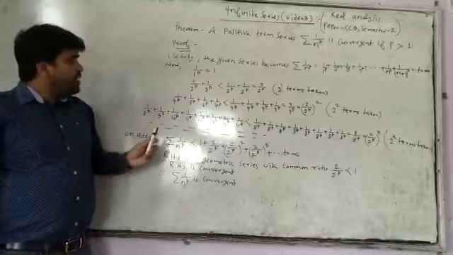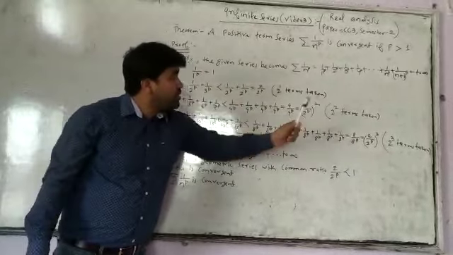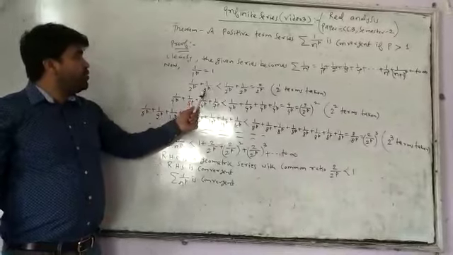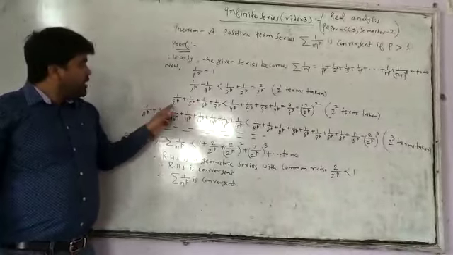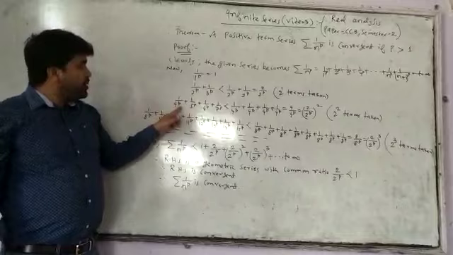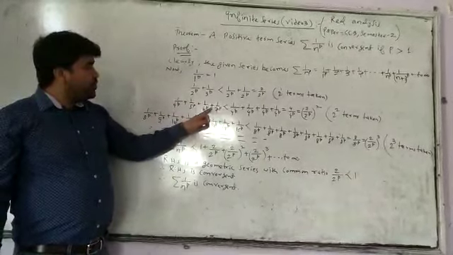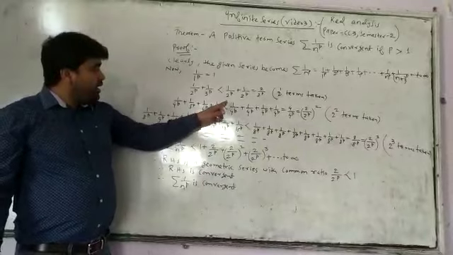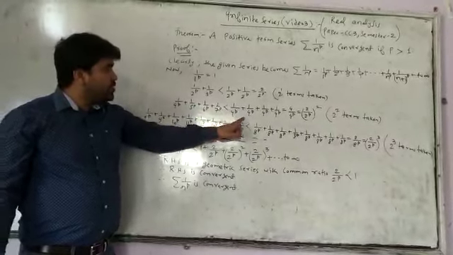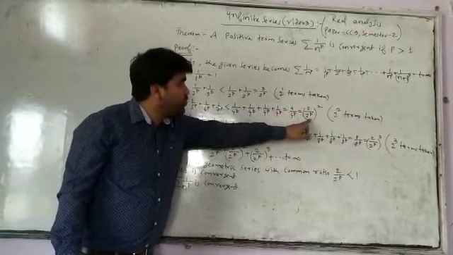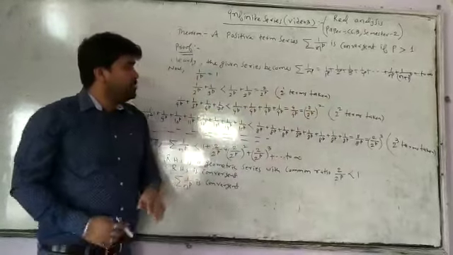Again, I will take 2 square terms, meaning I have to take 4 terms after 1 by 3 to power p. So I have taken 1 by 4 to power p plus 1 by 5 to power p plus 1 by 6 to power p plus 1 by 7 to power p, which is less than this sum, 4 by 4 to power p, which is (2 by 2 to power p) whole square.